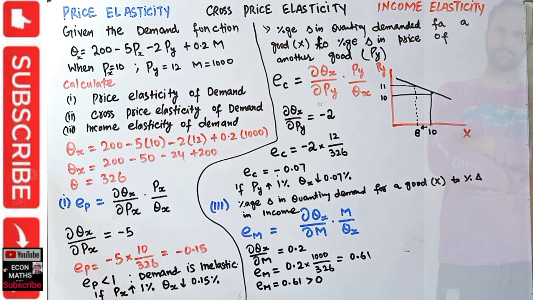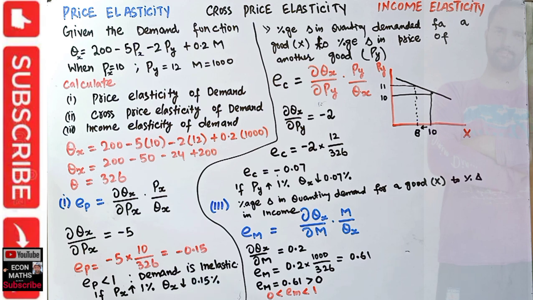One more thing we can see here, that income elasticity of demand is obviously greater than 0 but less than 1. If the income elasticity of demand is greater than 0 and less than 1, then we say it is income inelastic. That means the good is a necessity.